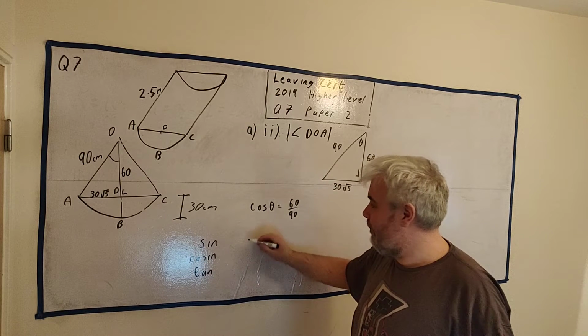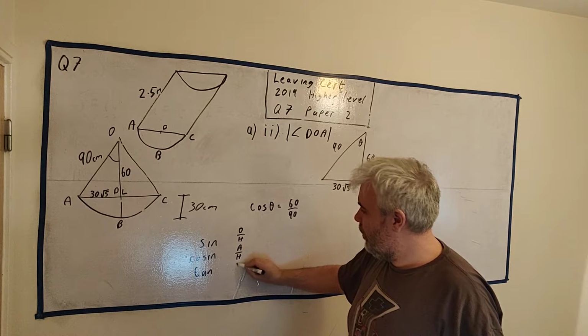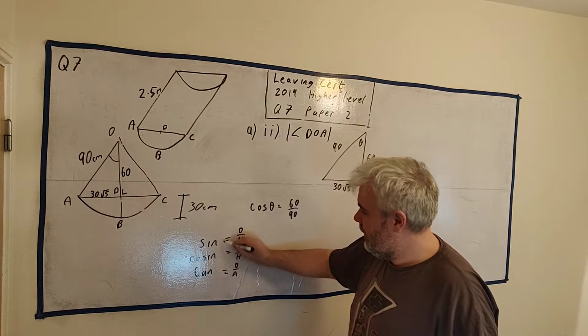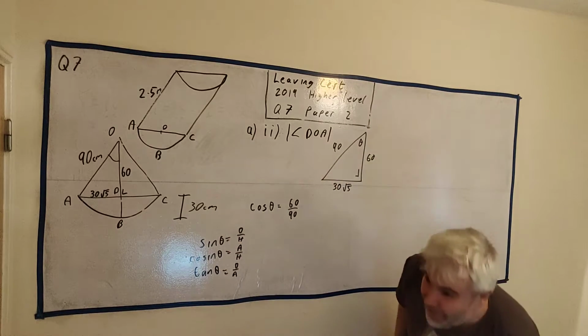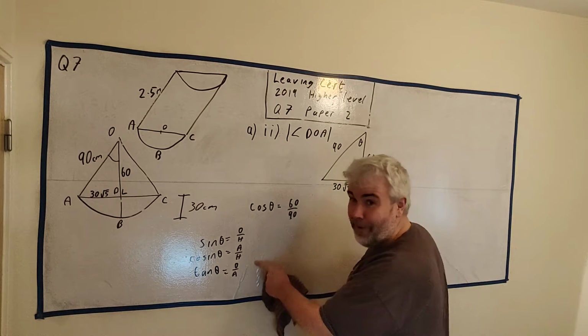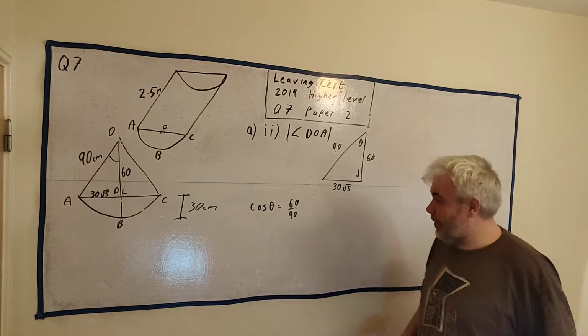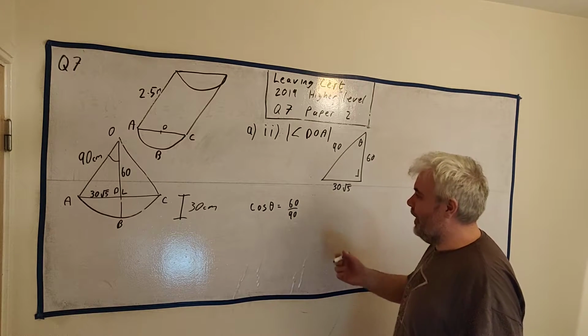Nowadays, I just remember them all, I've done them so many times for so many years. But you don't actually have to. You're usually given a formula book that will have it in it.